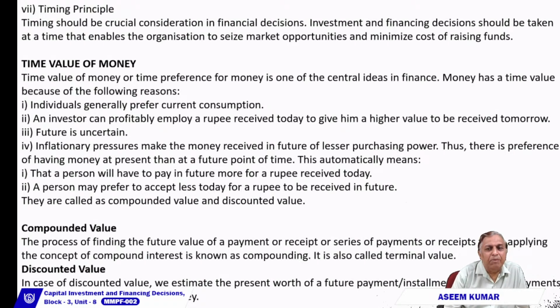This automatically means that a person will have to pay in future more for a rupee received today. A person may prefer to accept less today for a rupee received in future. They are called compounded value and discounted value.